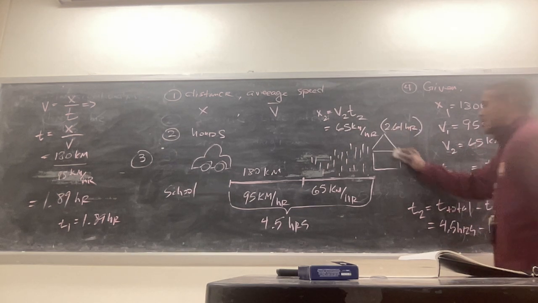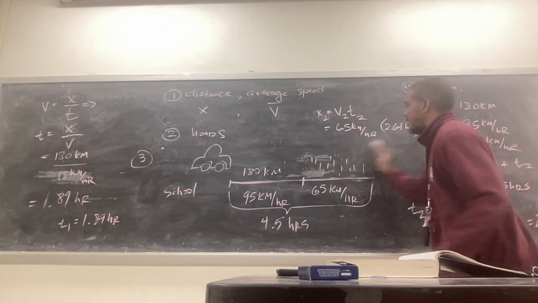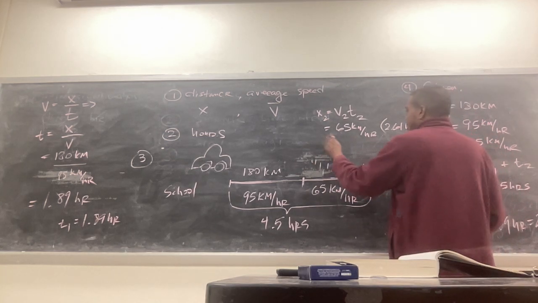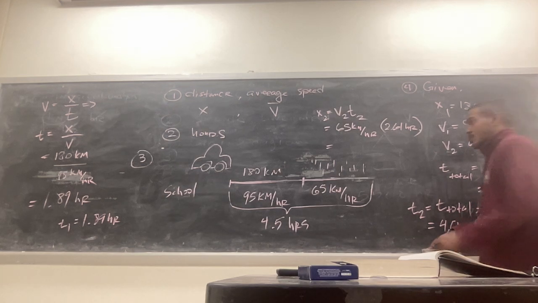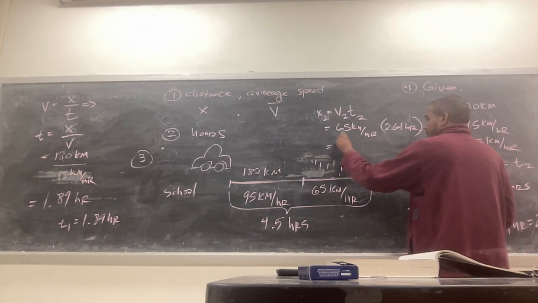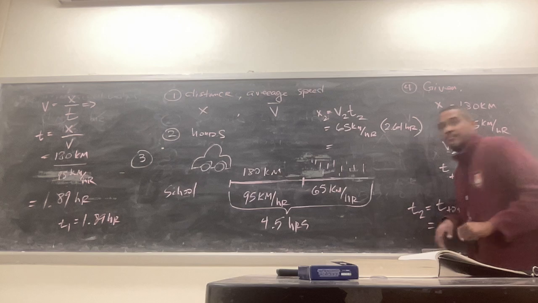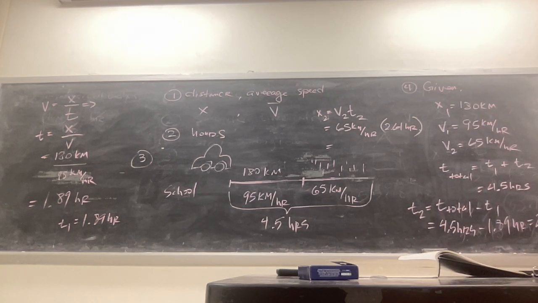So now we have a value for X2. What is it? 169 what? 169.65 kilometers. I mean, just kilometers.